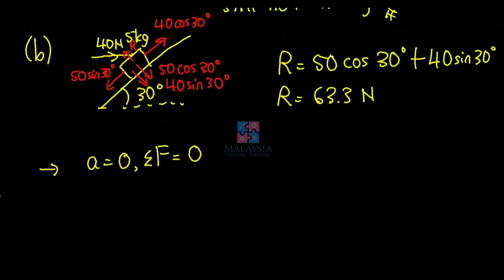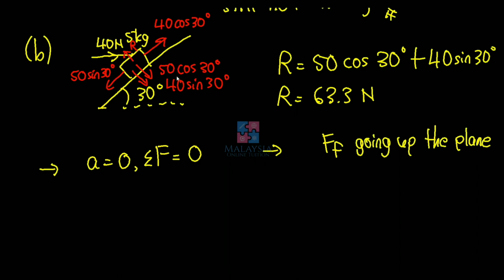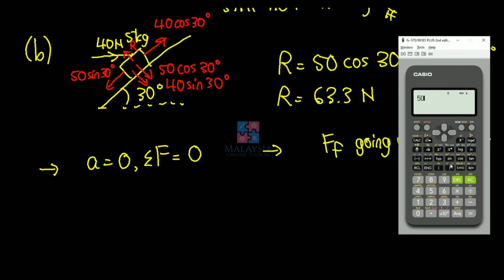Okay, so I think it's better if I just show you the calculation, that would be easier. So if we have the frictional force going up the plane first, meaning that we need to calculate first the forces going up and going down, and see whether it is possible or not for the frictional force to go up the plane. So you can see that 50 sine 30 degrees will be 25, right?